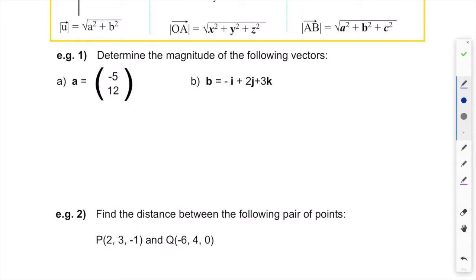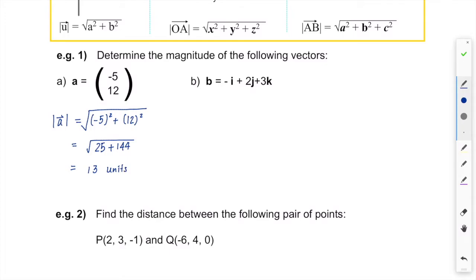So first of all, we have vector A, -5 and 12. So I can say that the magnitude of vector A is -5 squared plus 12 squared, all square root. This is 25 plus 144 under square root, 169 square root, which is 13 units. Okay.